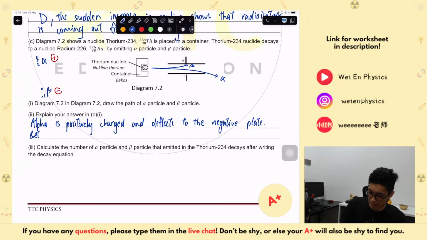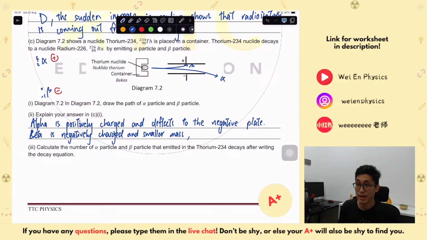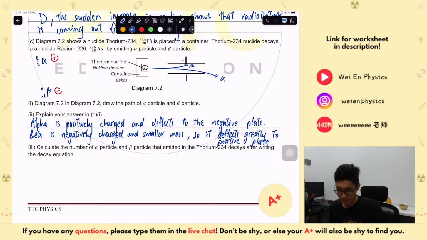Beta is negatively charged and smaller mass, so it deflects greatly to the positive plate.